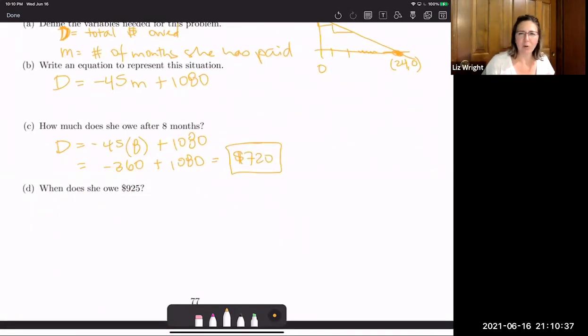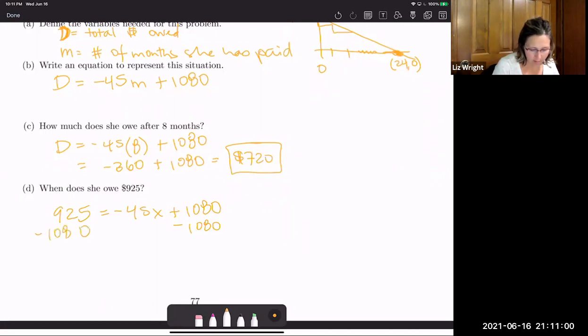And then if she's like, at what point in time, how many months have gone by when I actually owe 925 or close to it? So 925 equals negative 45x plus 1080. And so now let's subtract 1080 from both sides.